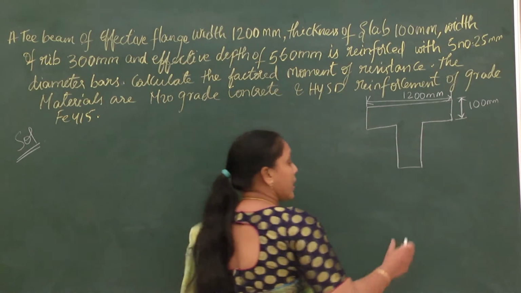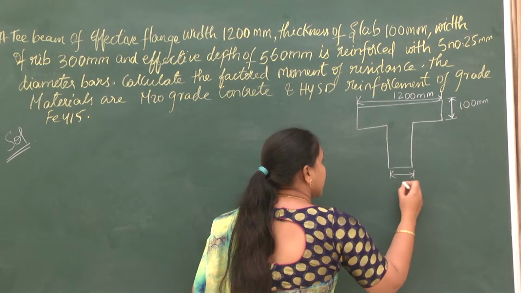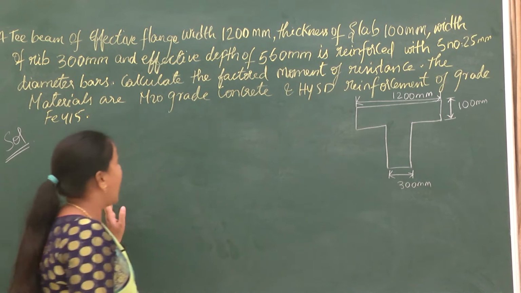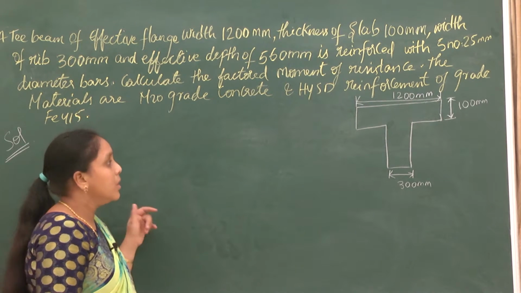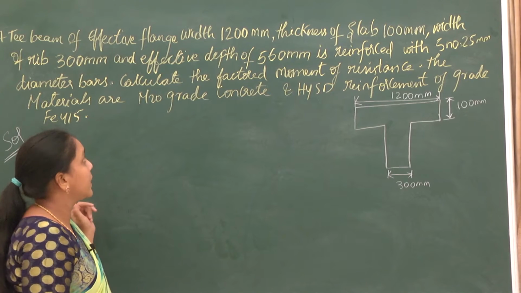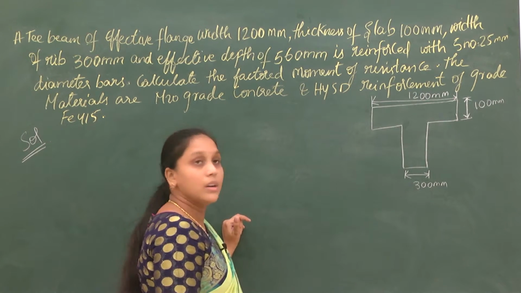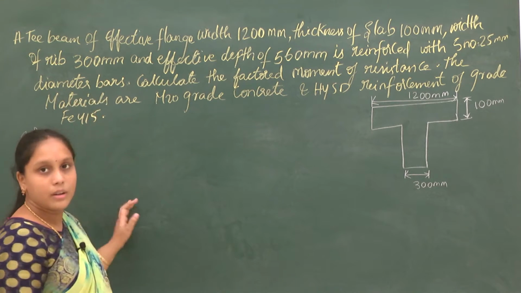The width of the rib or the web, anything is the same. It is given as 300 mm. And the effective depth of 560 mm. So the effective depth here is 560 mm and it is reinforced with 5 number of 25 mm diameter bars.